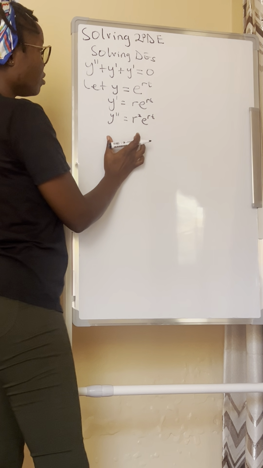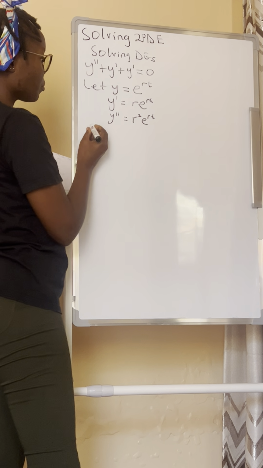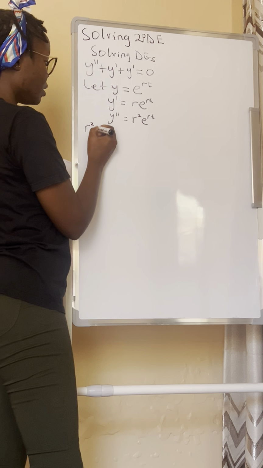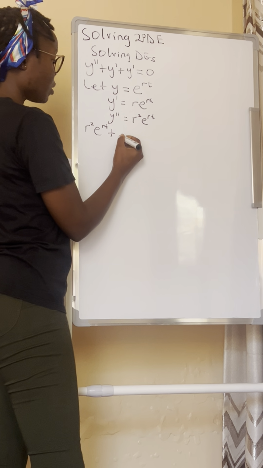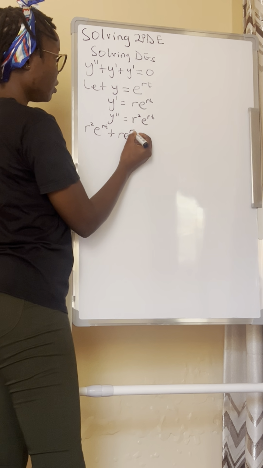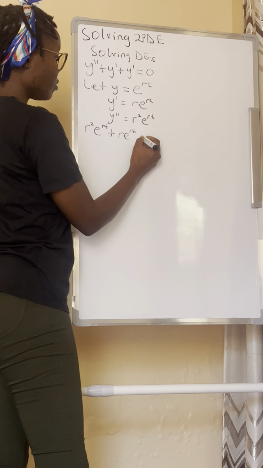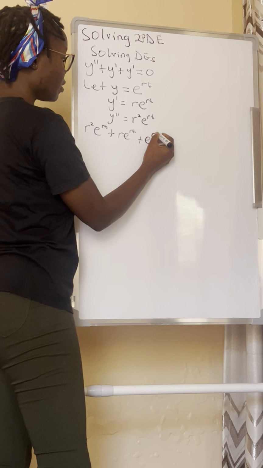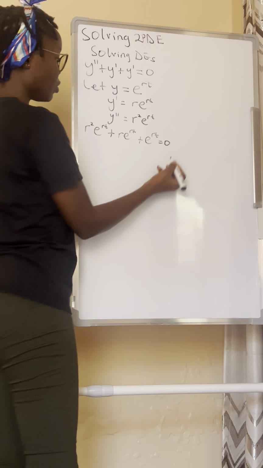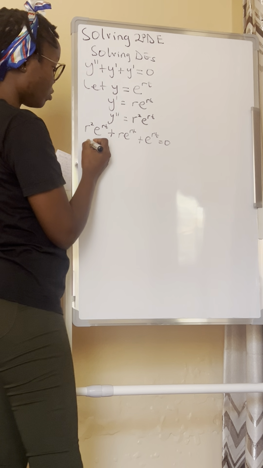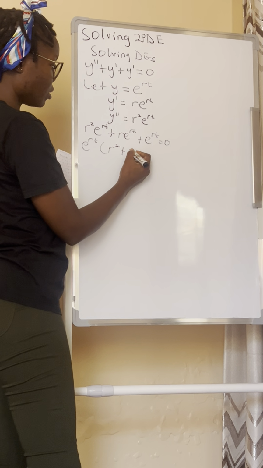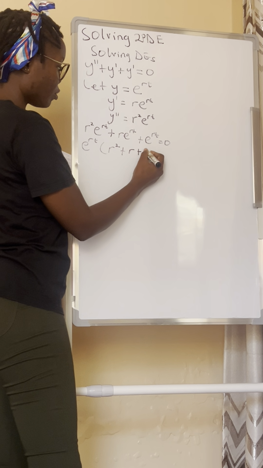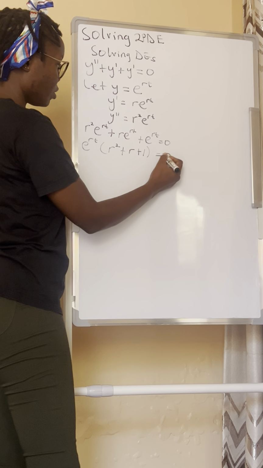When we plug these into the equation, we get r squared e^(rt) plus r e^(rt) plus e^(rt) equals 0. When we factor out e^(rt), we remain with r squared plus r plus 1 equal to 0.